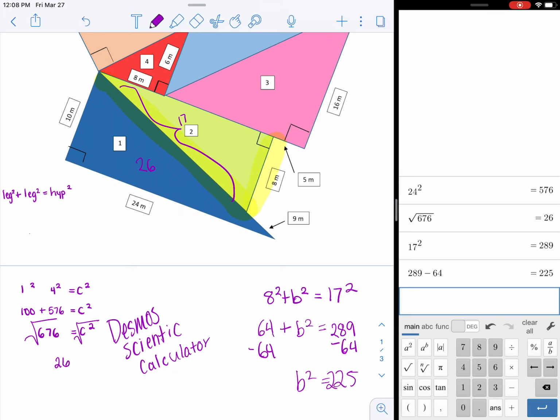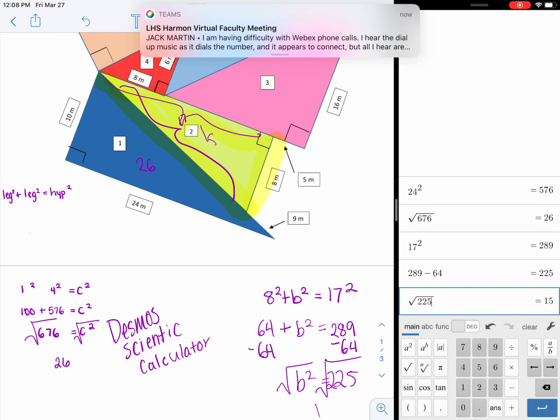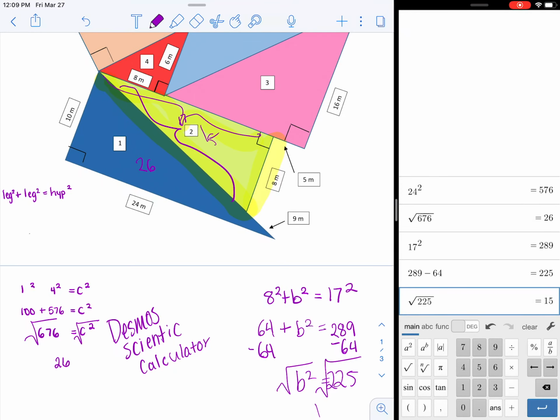We have to figure out what is the length of the leg, not the leg squared. So what we have to do is take the square root of both sides. When you take the square root of 225, we get 15. That means the length of that leg, this leg right here on triangle 2, is 15.